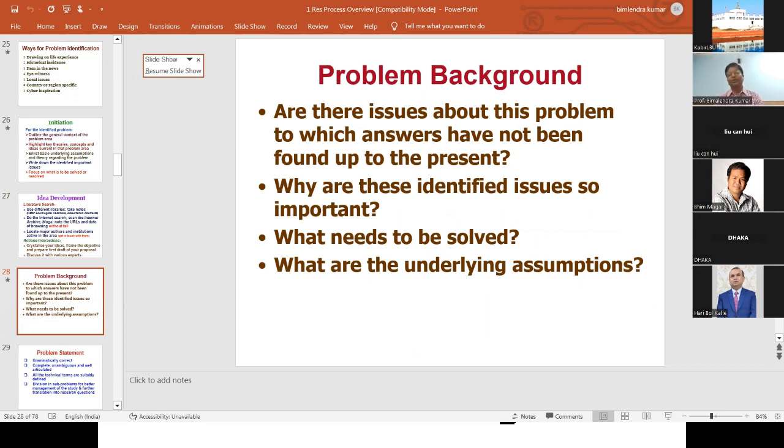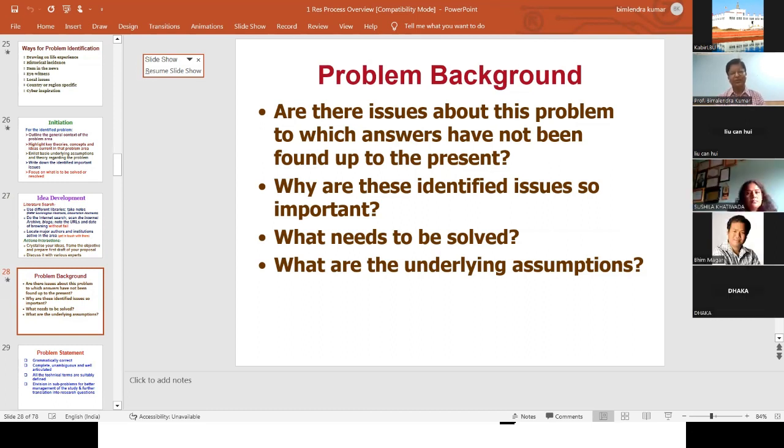By going through all those research papers and interactions with the research scholars who have already worked on these subjects, you see how these answers have been found at the present moment, whether they are relevant or significant or not, and then the research problems can be identified.